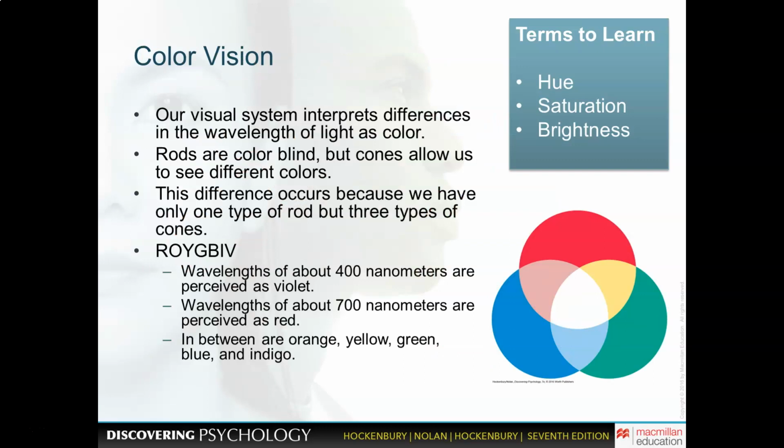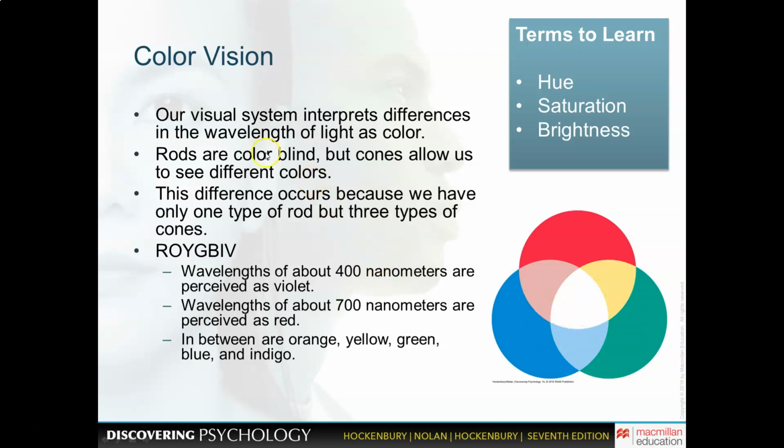Now, how do we see color? Basically, we see color through processing 3 different basic colors: red, blue, and green. By combining those 3 colors, they form the other colors, as you can see right in here, where the others combine and meet.